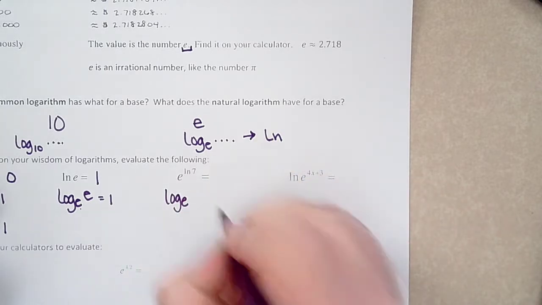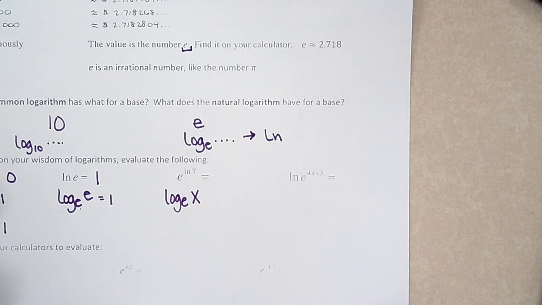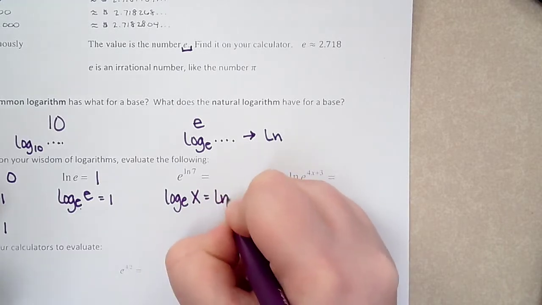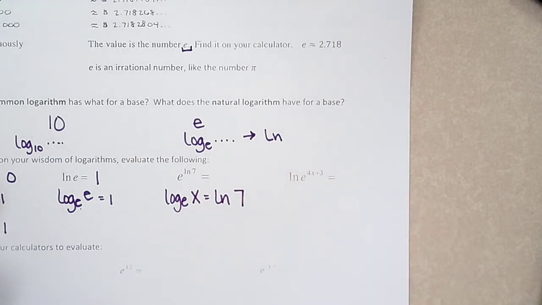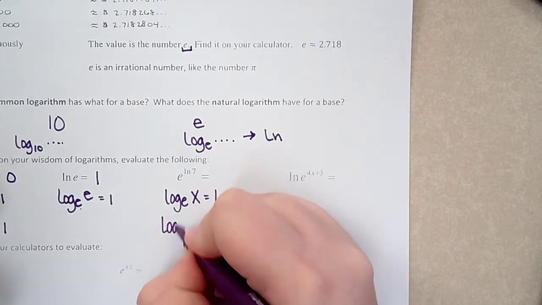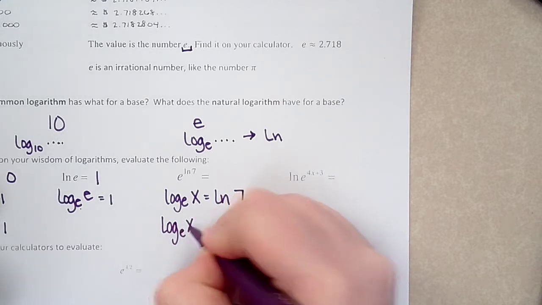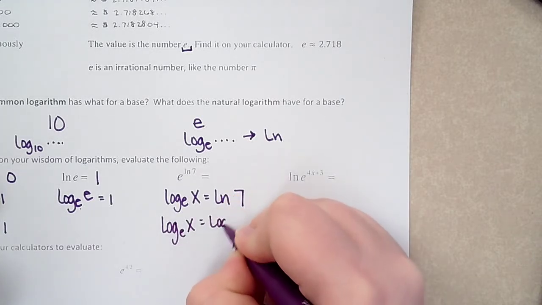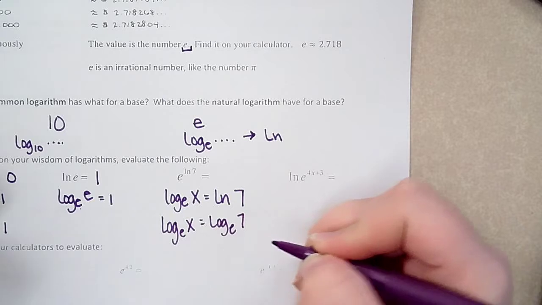Log base e of some number x is equal to the natural log of 7. So log base e of what equals log base e of 7?